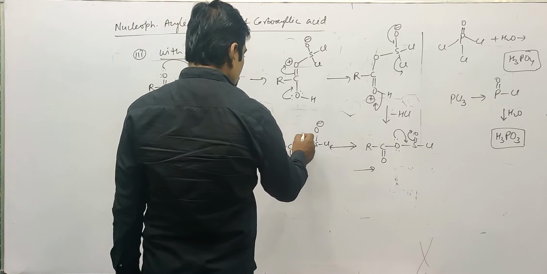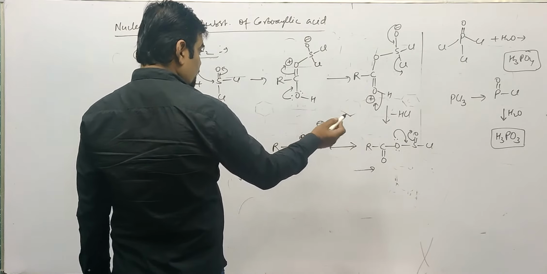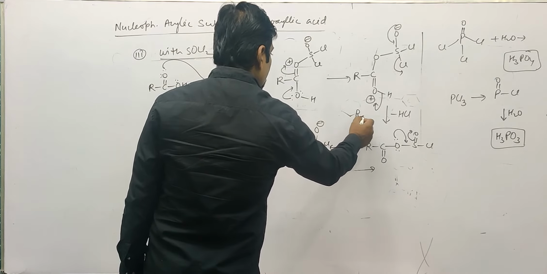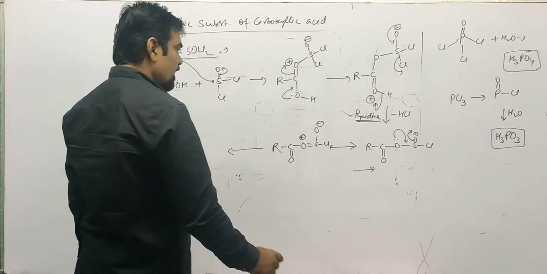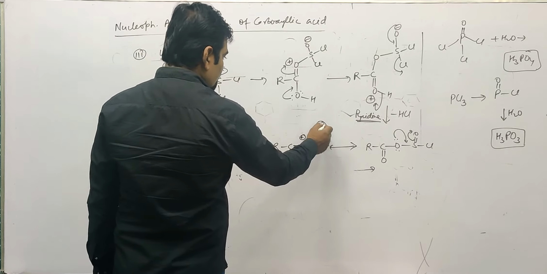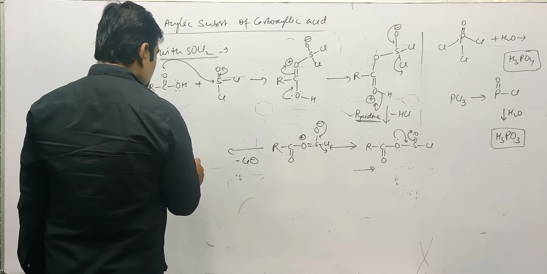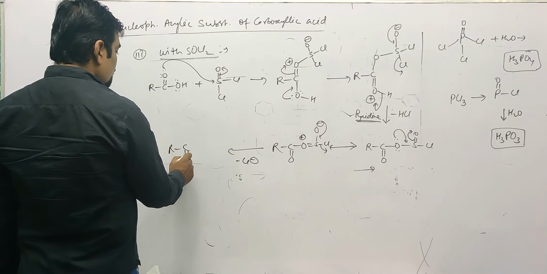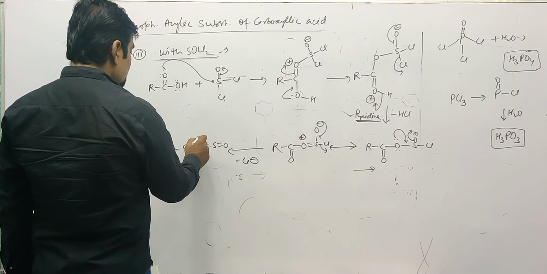This oxygen is plus. Now, what will happen from this? If you are using pyridine, there will be nucleophilic substitution through a second order mechanism, because Cl minus will be there. This minus approaches, Cl minus will move out. So this will become RC double bond O, over here O double bond S double bond S. This is plus.